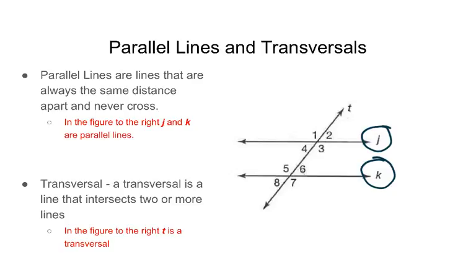A transversal is a line that intersects two or more parallel lines. So it actually cuts them and makes angles within the parallel lines. So if you look at this, T is a transversal. Make sure you get both of those vocabulary words down, their definitions, and the picture.